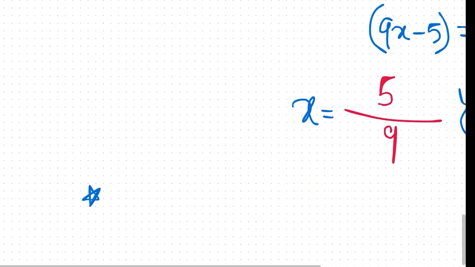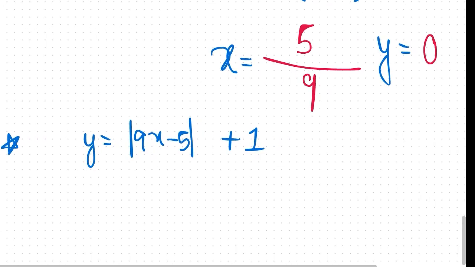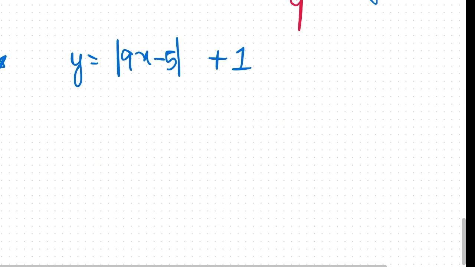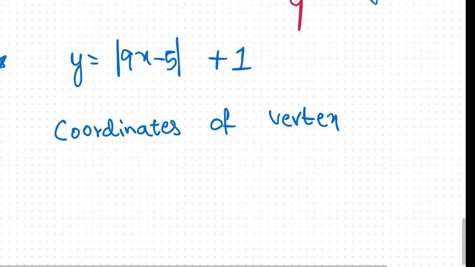Let's say the graph is y is equal to the absolute value of 9x minus 5, plus 1. Can you tell me the coordinates of the vertex? Do you understand the question?